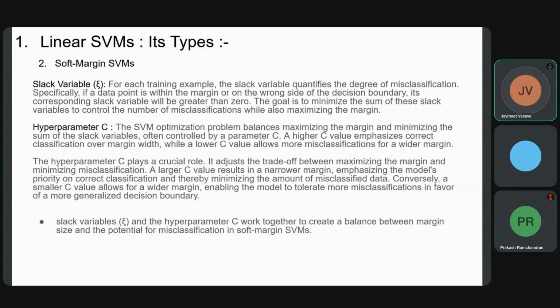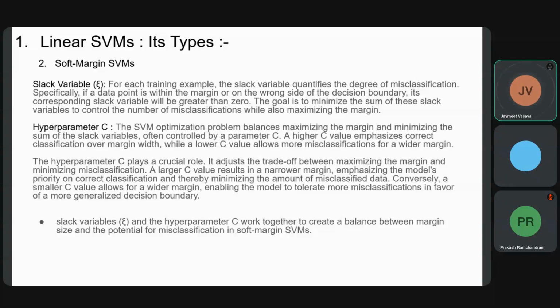The support vector machine optimization problem balances maximizing the margin and minimizing the sum of slack variables, which is controlled by the parameter C. A higher C value emphasizes correct classification over margin width, while a lower C value allows more misclassification over a wider margin.